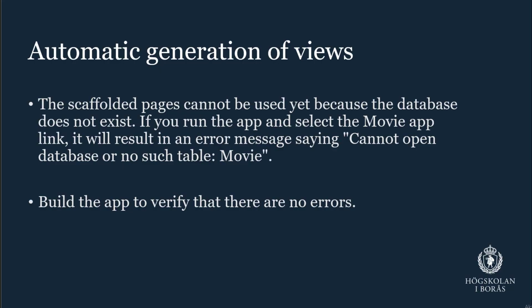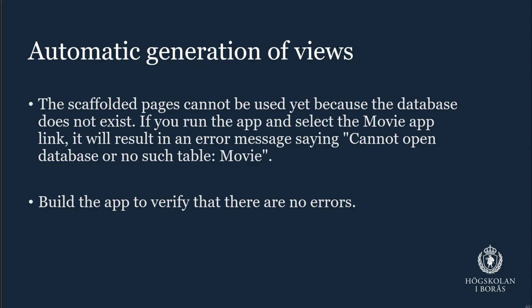The scaffolding pages which we've now created cannot be used yet, unfortunately, because the database does not actually exist yet. We have, however, generated our pages, the controller, and the database context. However, if you run the app and select the movie app link, somewhere where it's supposed to fetch some data from the database, it will result in an error message saying cannot open database or no such table movie.